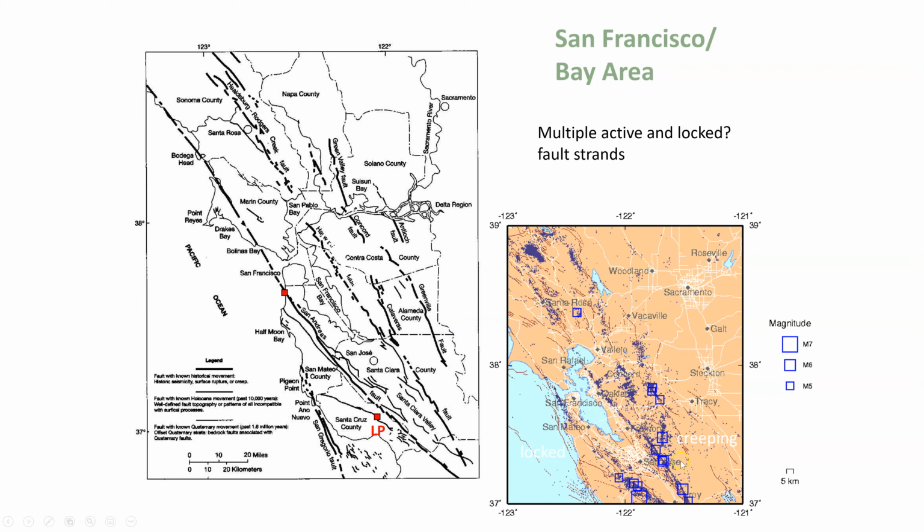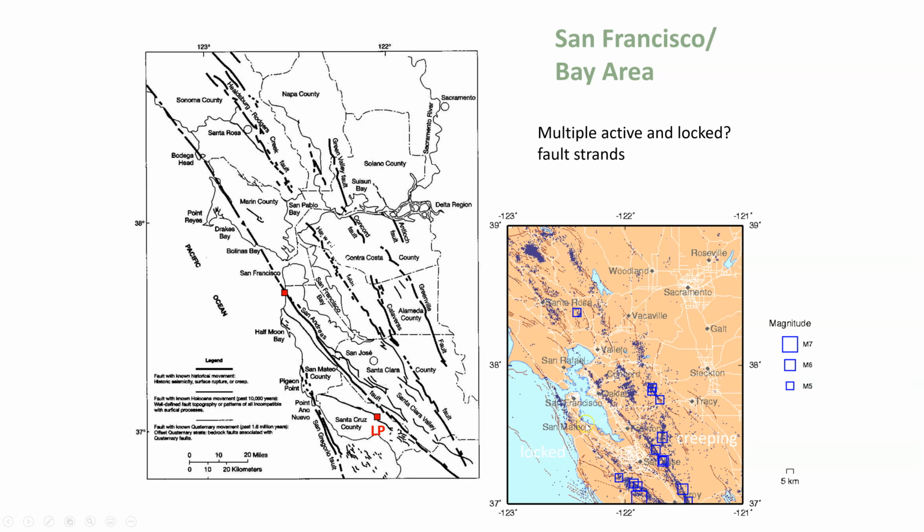So here's a snapshot of what occurs. Most of what is further inland is creeping. If you look back at our Coast Range PowerPoint, you can look at the geology here, and a lot of this is where our serpentinite lies. And so we see a lot of creeping in this area, kind of East Bay.